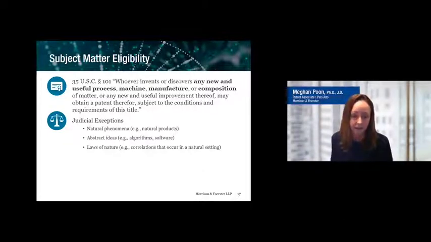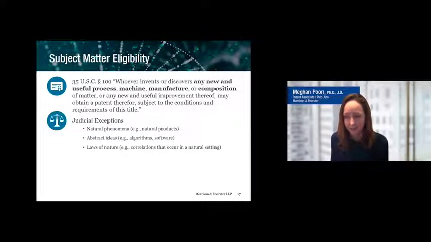I put up the legal standard here, which is that any new and useful process, machine, manufacture, or composition of matter can be patented. As you'll notice, nowhere in the statute are any real exceptions, but the case law has evolved to create what we call judicial exceptions.